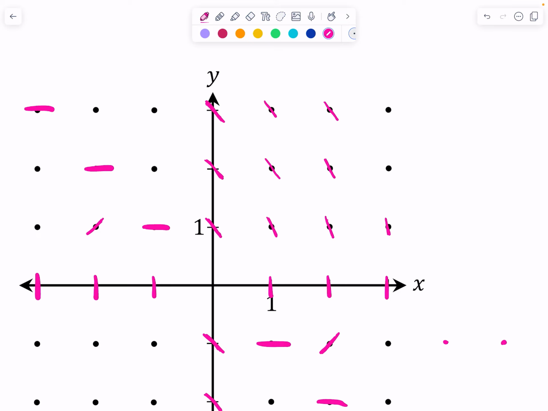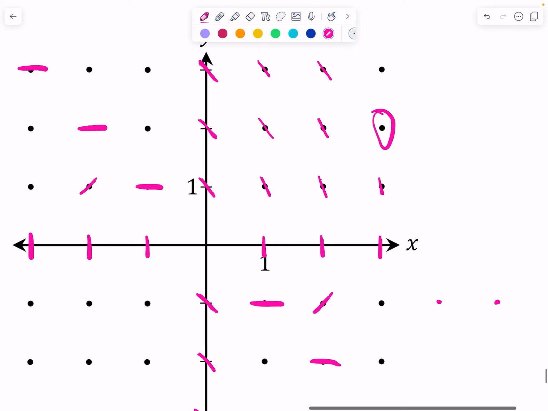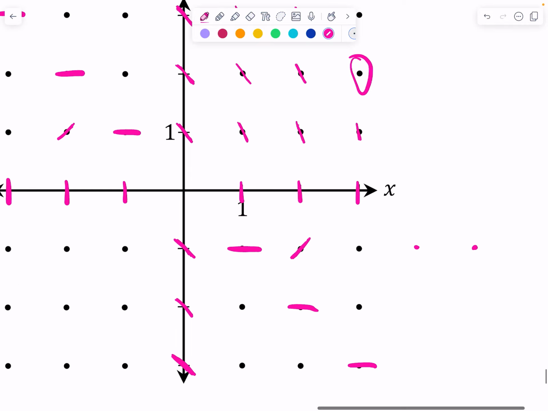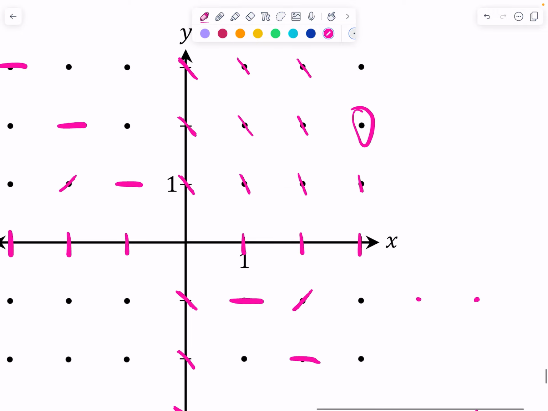Anyways, over here, that's negative 5 over 2. 1, 2, 3, 4. Am I even counting correctly? 1, 2, 3. Oh, that's why I drew this one wrong.